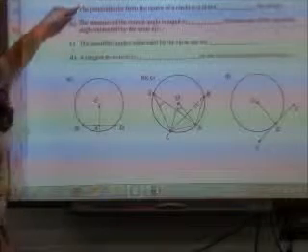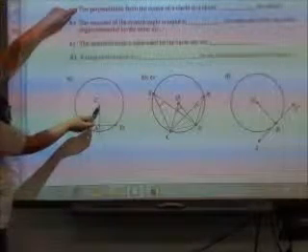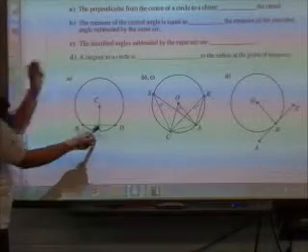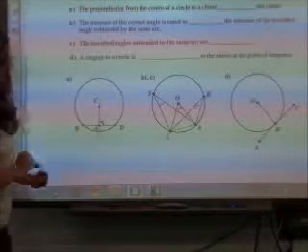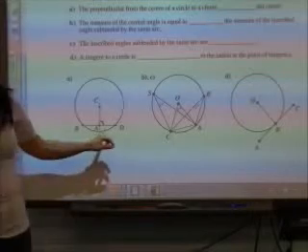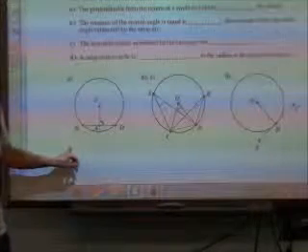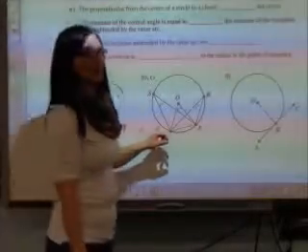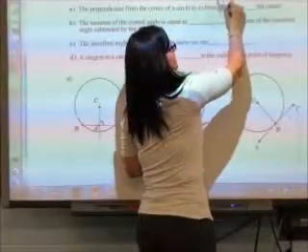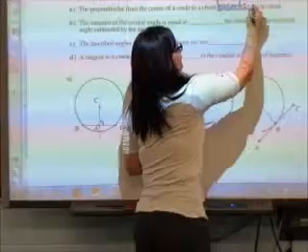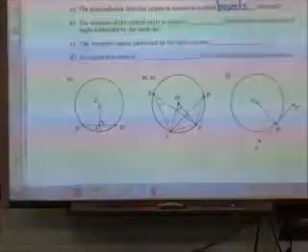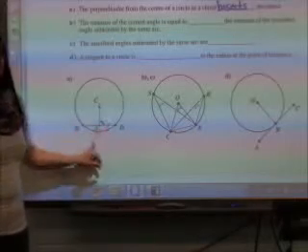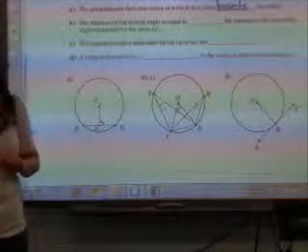The perpendicular line drawn from the center of a circle to a chord. Perpendicular means it's going to hit this chord at a 90-degree angle. What does it do to the chord? It splits it in half. And we have a special word for that? It bisects the chord. So that was one of those ones that we did where if a line bisects the chord, it's going to go through the center of the circle.